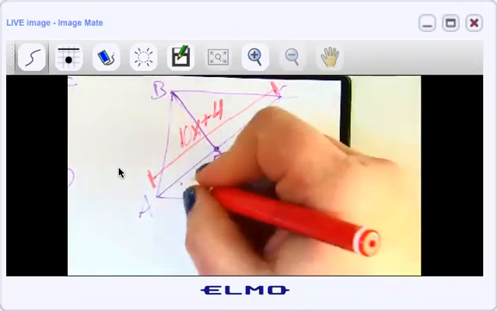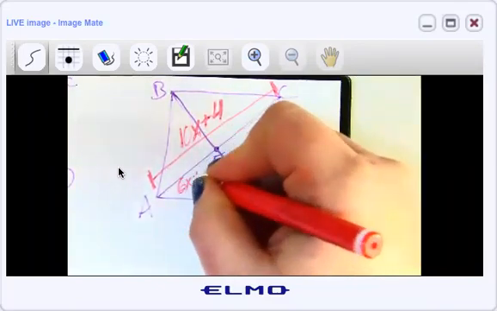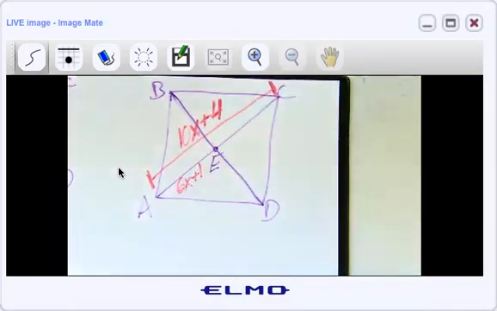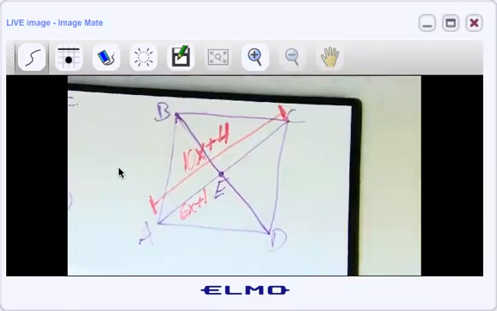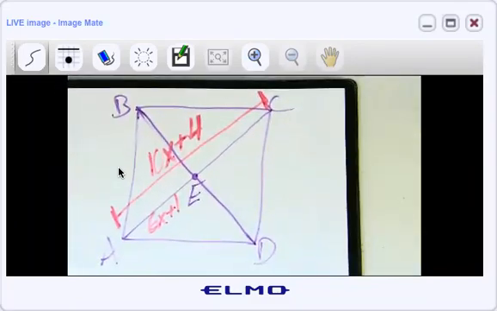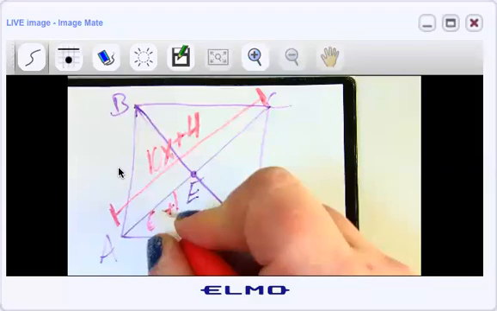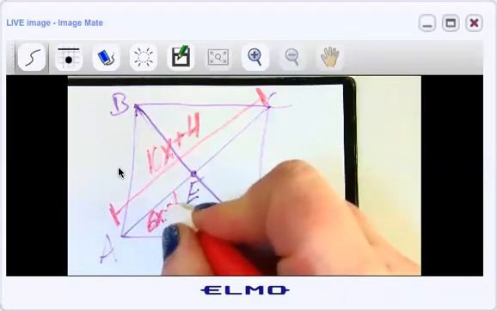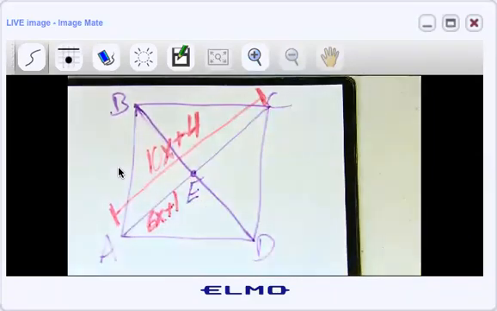So let's make this 6x plus 1, I guess. If that's your scenario, can you please solve for x, given that this thing is a square? X equals 1.